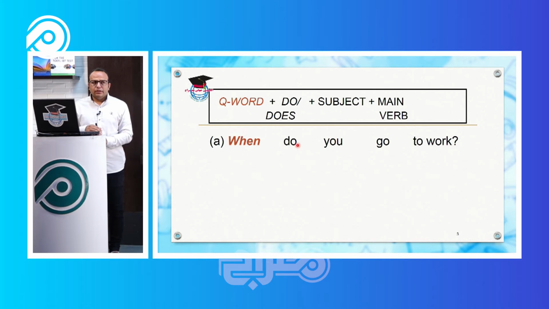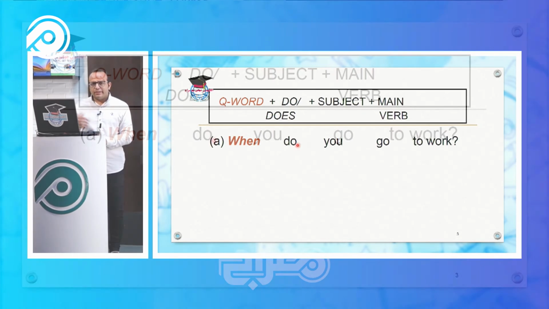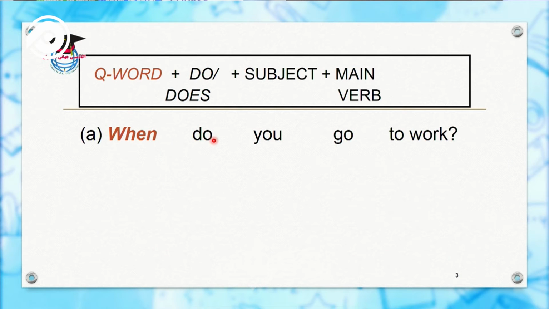In our previous session, in our previous session, I told you about the formula WXSV. You can watch the video. W is actually, as you can see, the question word.